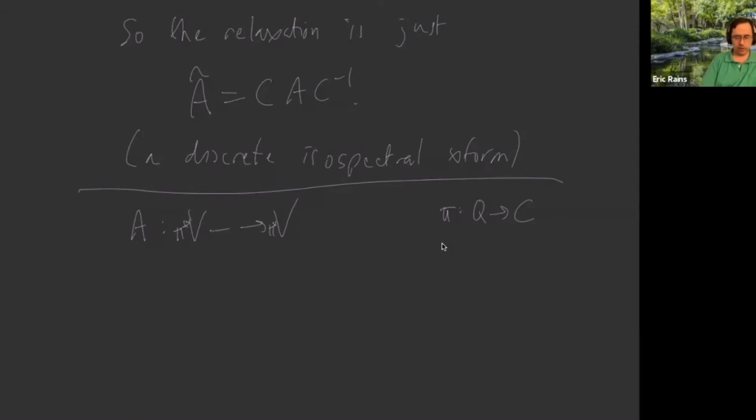And we're factoring A as B bar inverse B, where B is now a holomorphic map from pi upper star V to pi upper star W.